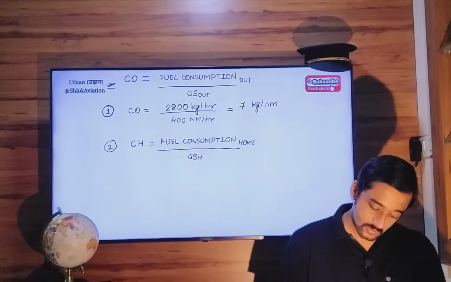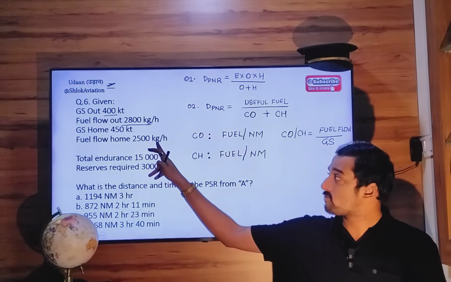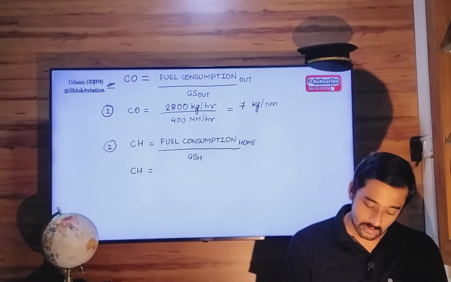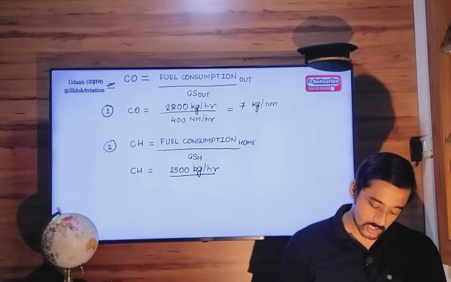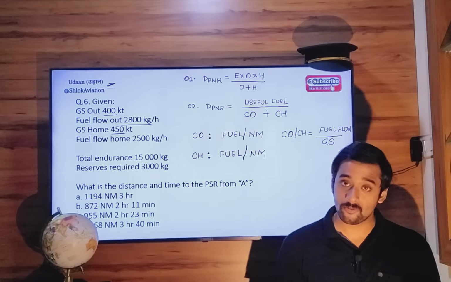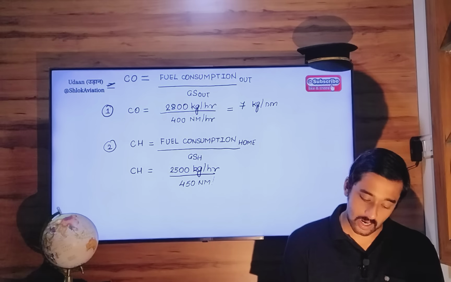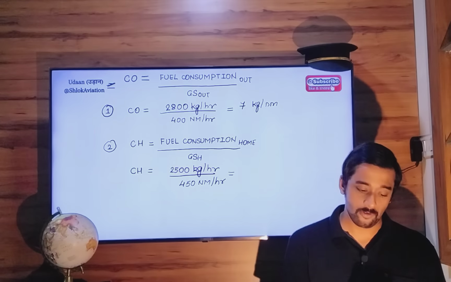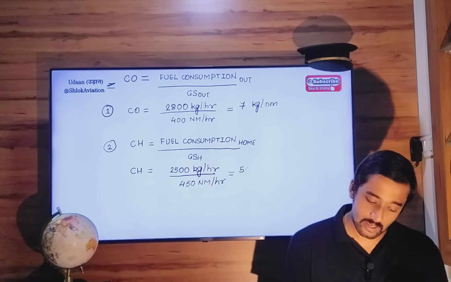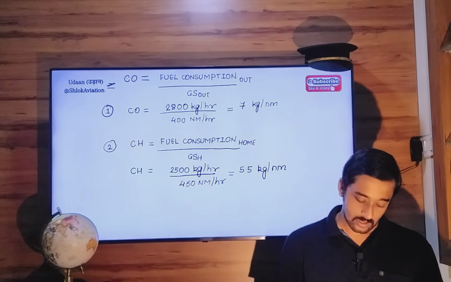So fuel consumption coming back home was 2500 kilograms per hour. What was ground speed homebound? Ground speed homebound is 450 knots, 450 nautical miles per hour. So specific fuel consumption is 2500 divided by 450, that is 5.5 kilograms of fuel you require every 1 nautical mile. Correct? Next, step number 3.